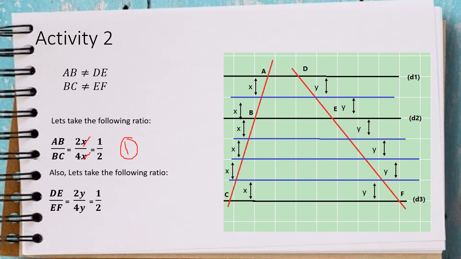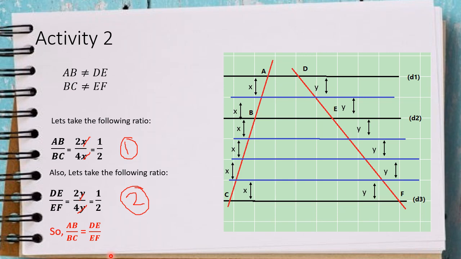Also, we do the simplification and divide by 2, so our answer is 1 over 2. This is our second equation. Then we can notice from 1 and 2 that AB over BC is equal to DE over EF.